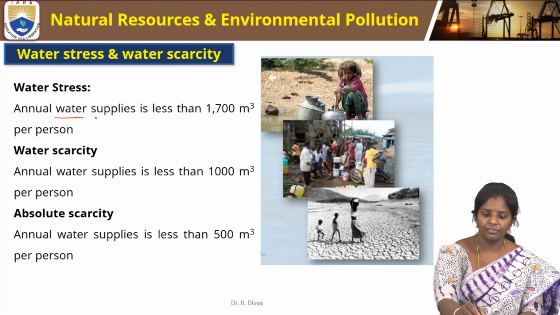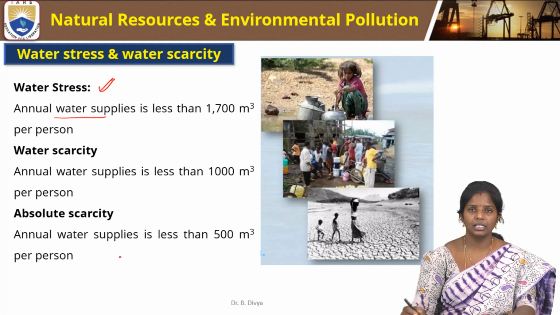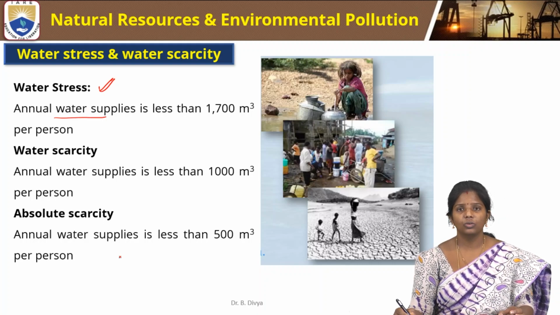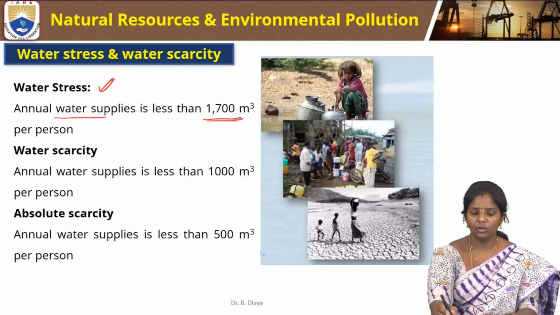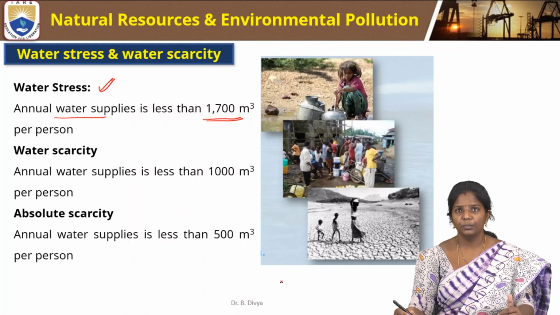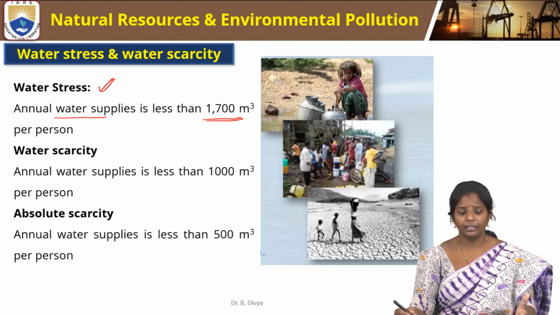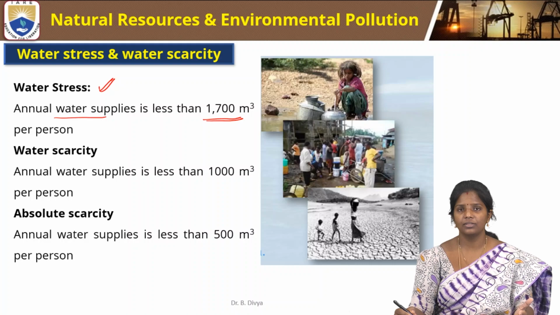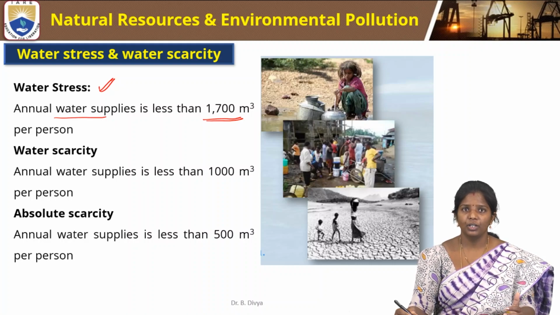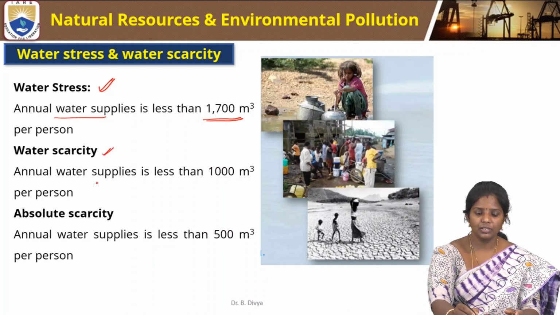First, water stress: when the annual water supply is less than 1700 cubic meters per person. That much should be available for each and every person, but when we keep on using it exclusively, it reduces in number. When does scarcity occur?